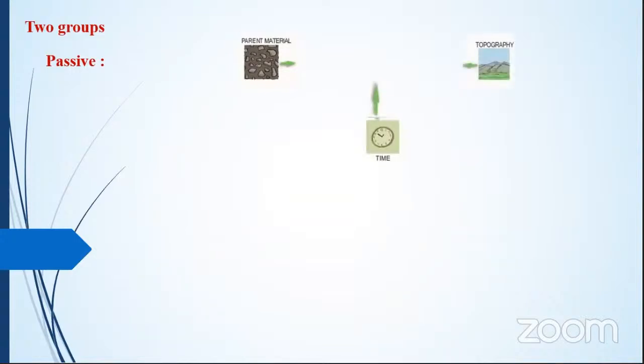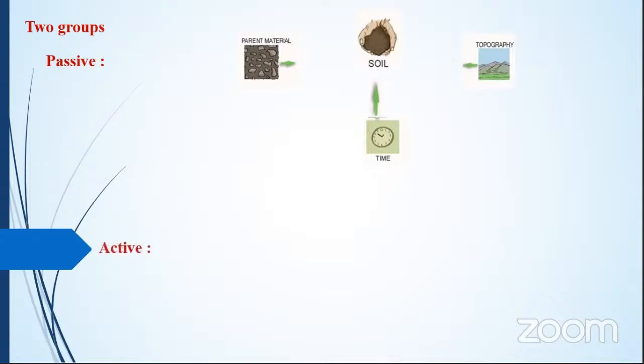Naturally, in Jenny's classification or proposal, there are two types. Very first one is passive. What are the passive soil forming factors? Very first one is parent material, and time, and topography. These three are the passive soil forming factors.